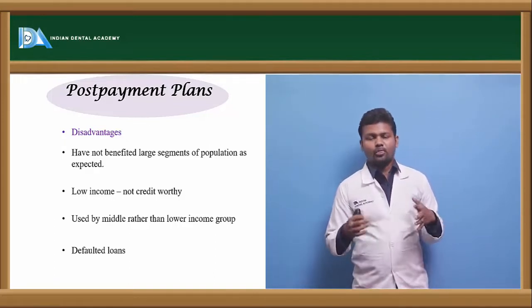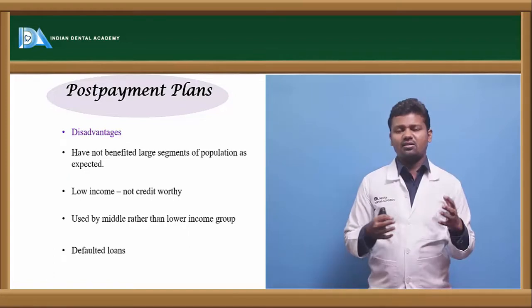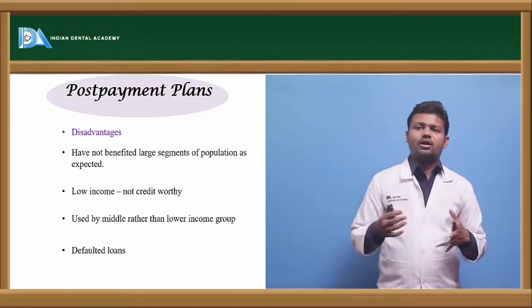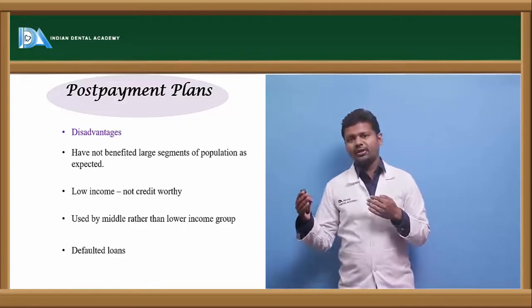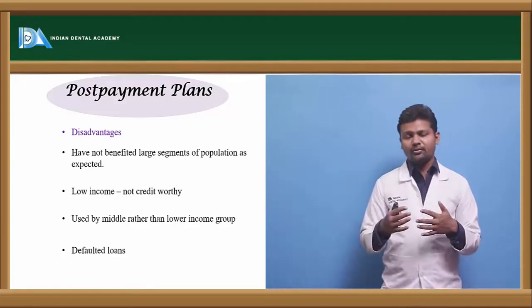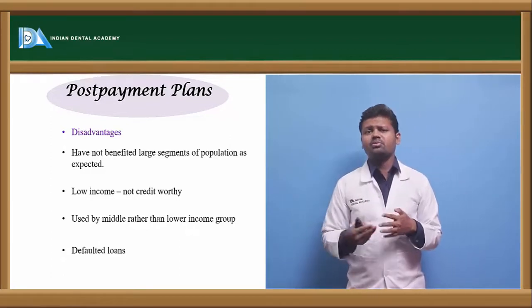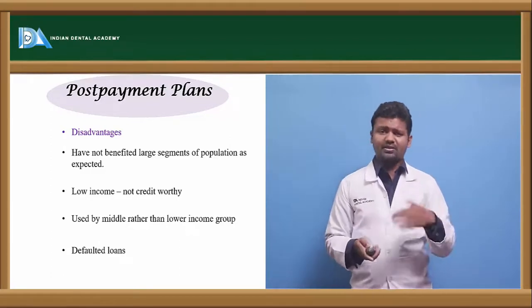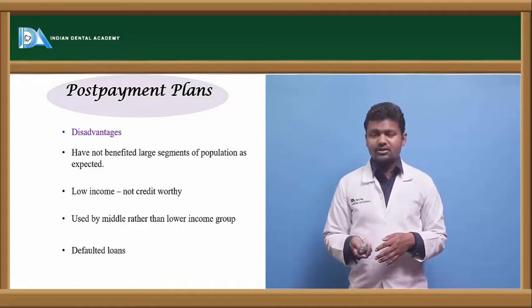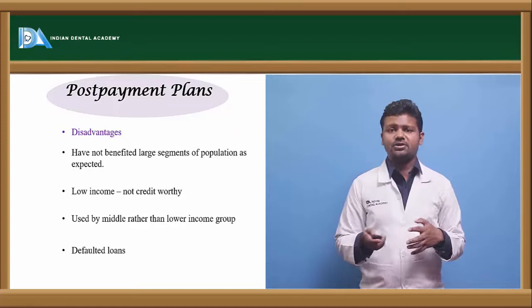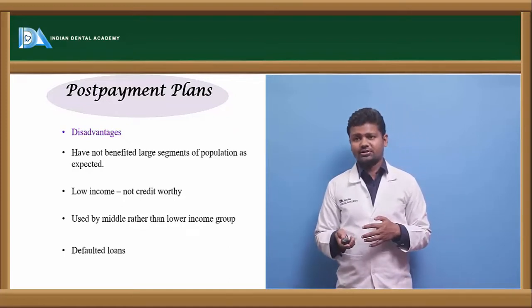They have low income, and are not credit worthy, so there will be many defaulted loans. This loan was particularly started for the lower income group, but it was mostly used by the middle group of people. Again, there is the problem of defaulted loans. This is another disadvantage of the post payment plan. That is why in India it is not given that much consideration.